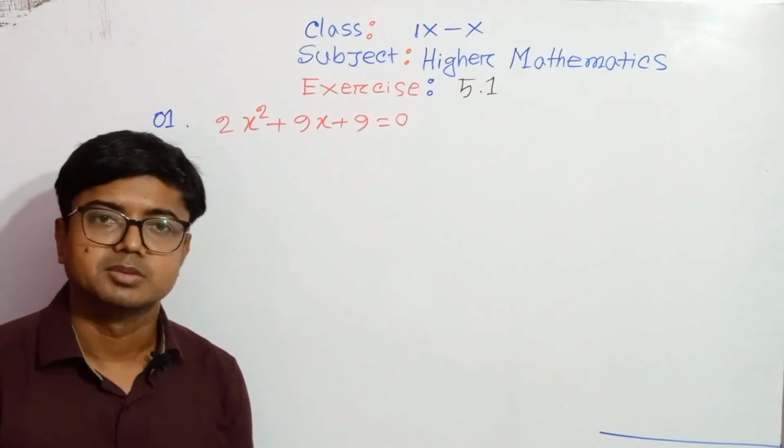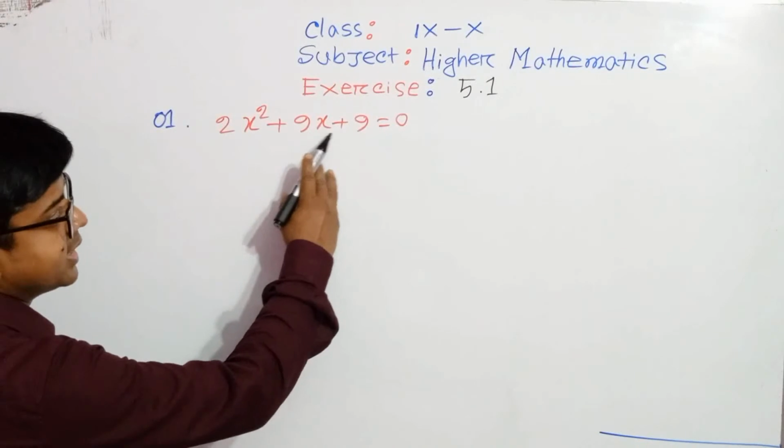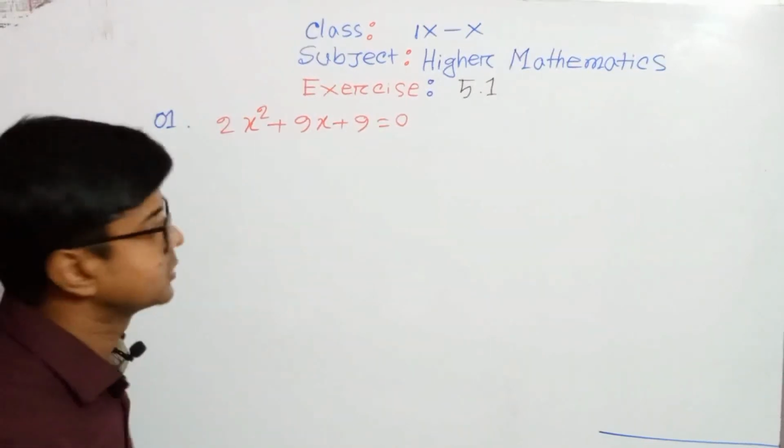Now mathematical problems. Our first mathematical problem is 2x square plus 9x plus 9 equals 0.